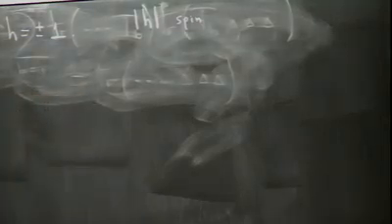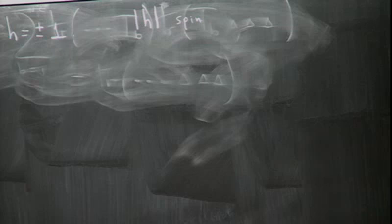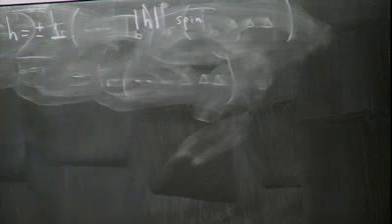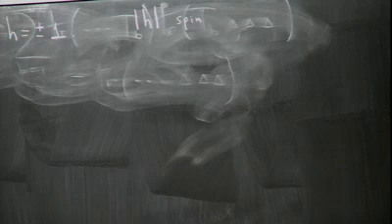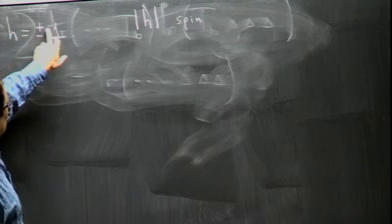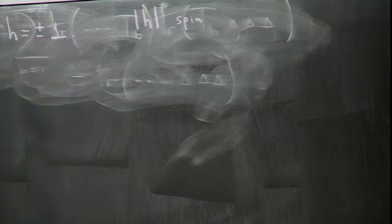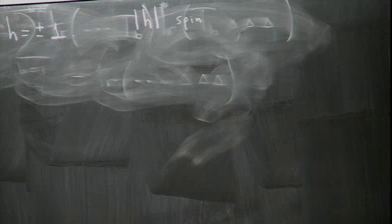But given that we believe that CPT is a symmetry of nature, every time we have a theory with particles with a given helicity, we must have the particles with the other helicity as well. So it's good to talk about them as a single object, even though from representation theory, you could very well imagine having a theory that only has particles of helicity plus 1 or particles of helicity minus 1.